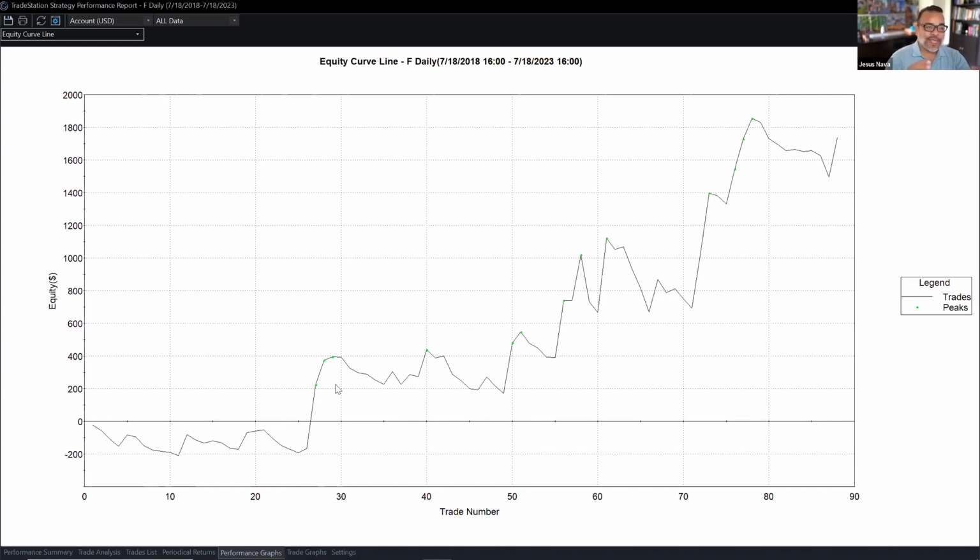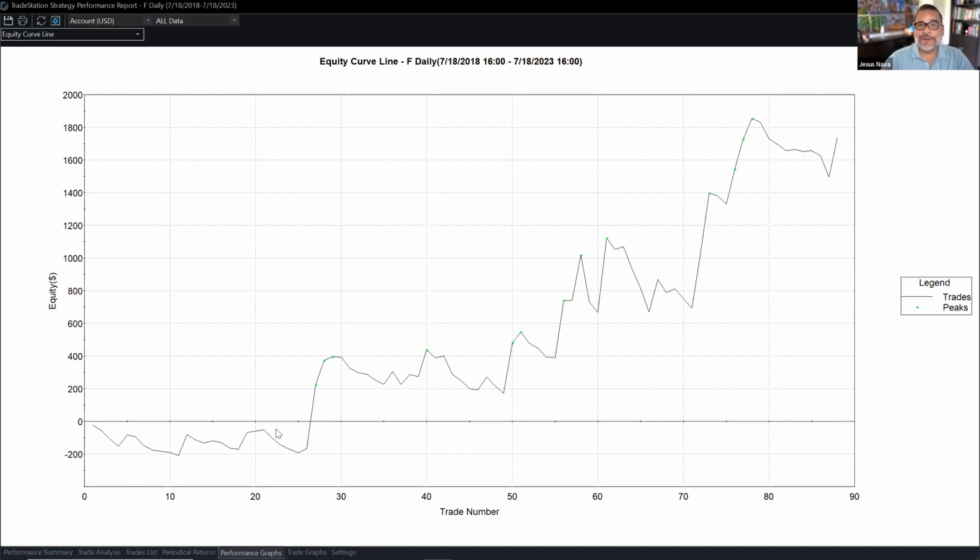However, when you look at a graph like this and you figure out that it wasn't until trade number 27 that you were able to go into the positive side, any trader would not tolerate this long period of losing trades and still stick to the strategy.